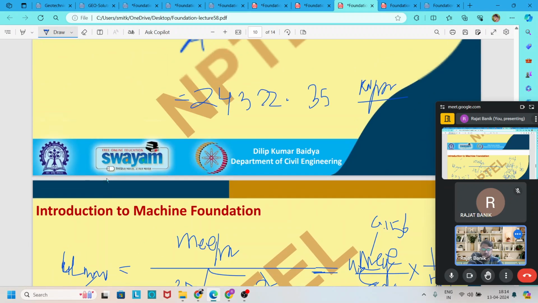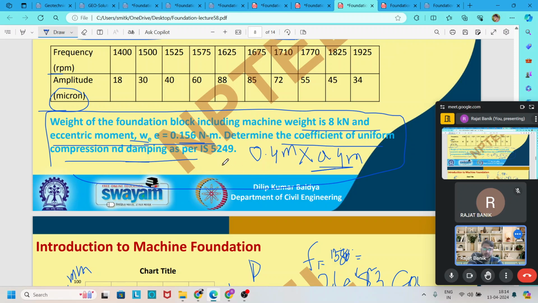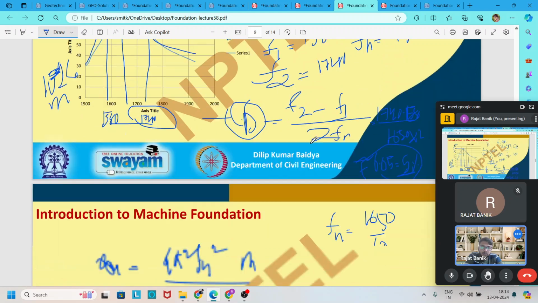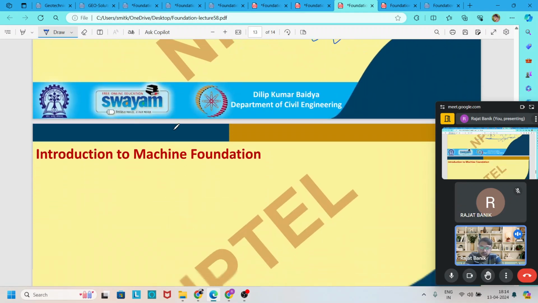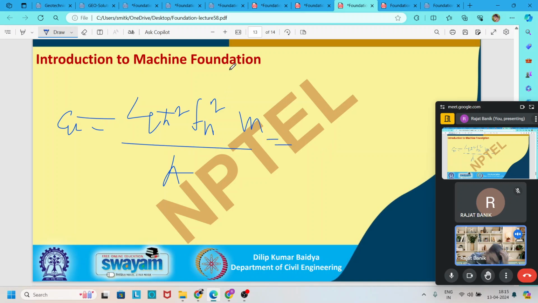Now this problem is completed. We already found this. Now we have to find the coefficient of uniform compression. So the coefficient of uniform compression Cu is equal to 4 pi square Fn square m divided by A, where A is given as 0.4 by 4 meters.